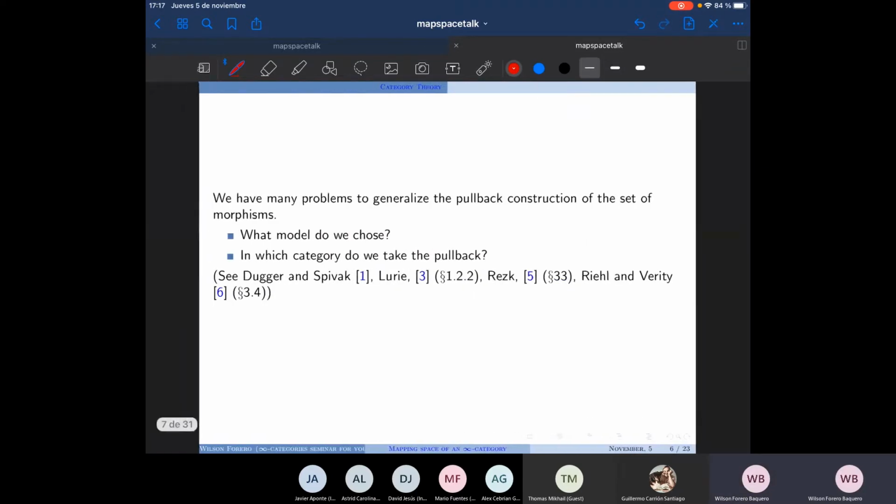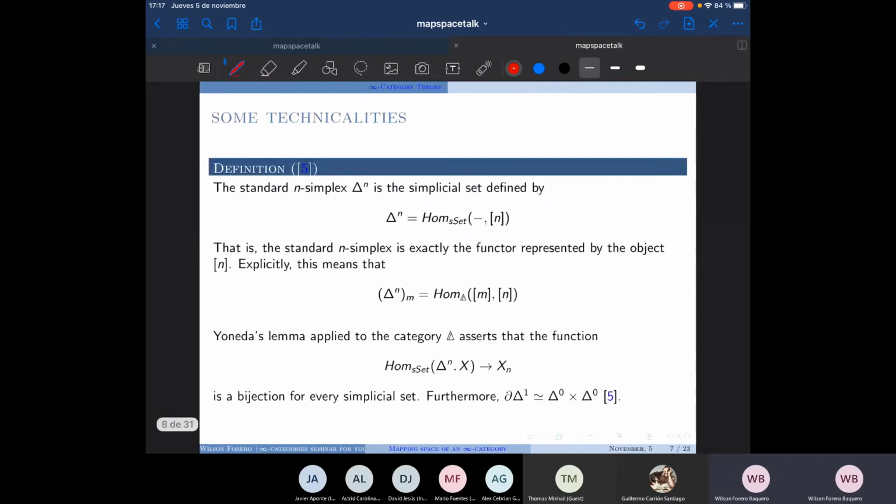So we start with some terminology. We have to remember that delta n is the simplicial set defined by the red formula. This means just that it is the representable functor of the finite ordinal n.